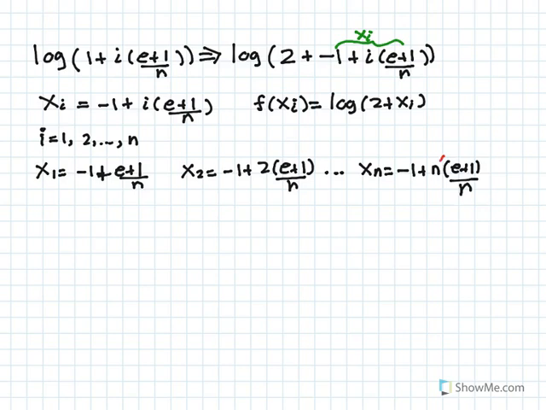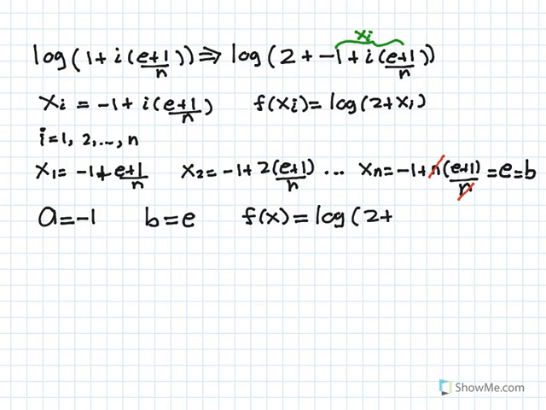Now you can clearly see that the n's cancel out, and if we simplify this, the negative 1's cancel out, we get e, and this is actually b, the upper limit of integration. So we have a equals negative 1. We have b is equal to e. And we determine the function f of x to be equal to log of 2 plus x.